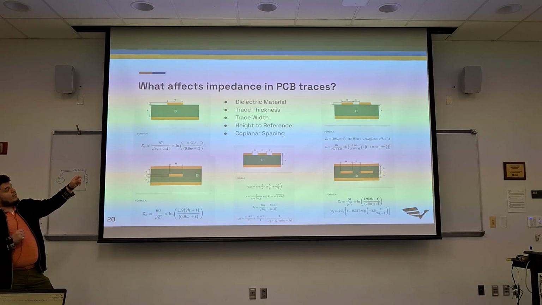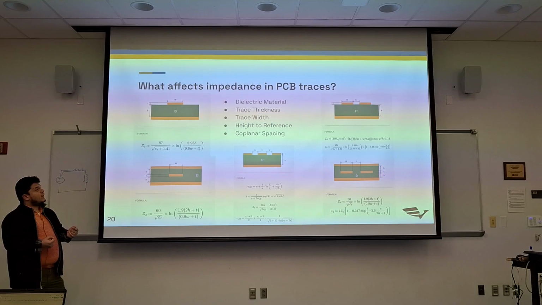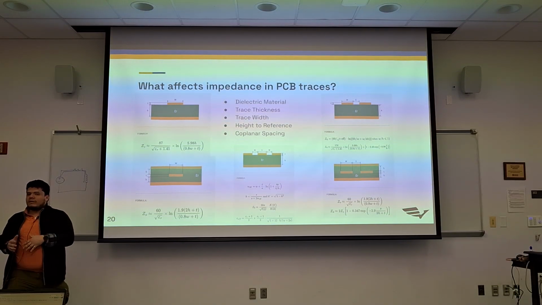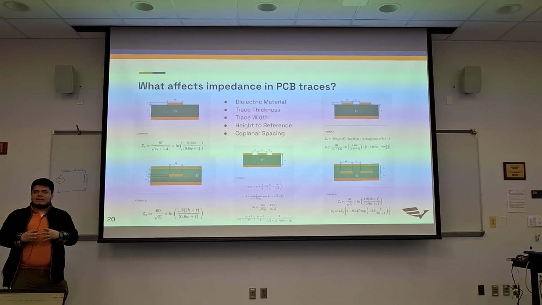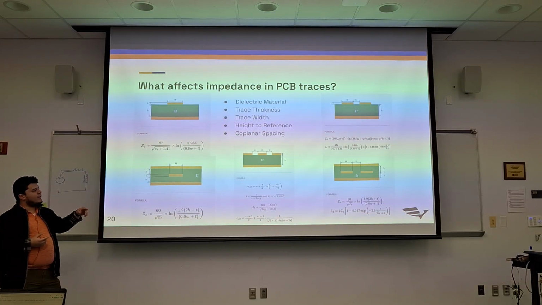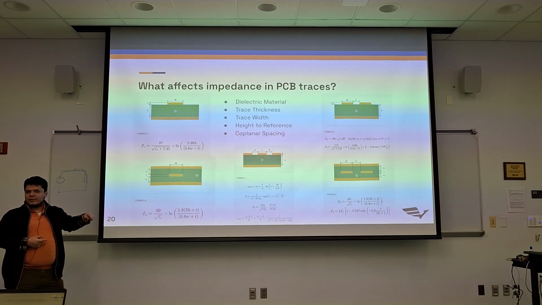Our trace width, that is something that we can define. That's just how thick is your track, right? That we can design for. And then the height to reference, depending on what you have chosen, is your way of controlling it, right? The height to reference is how we discussed in our stack up. Are we going to have to travel 62 mils to reach our reference?